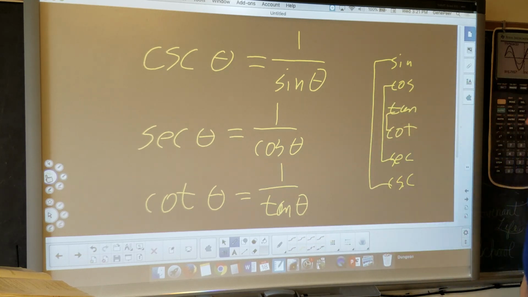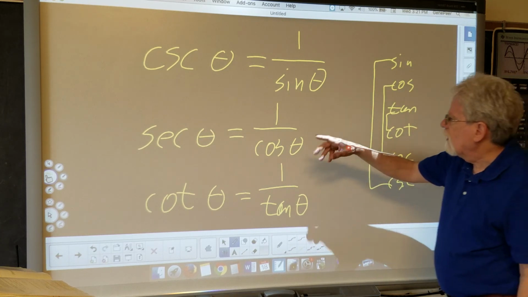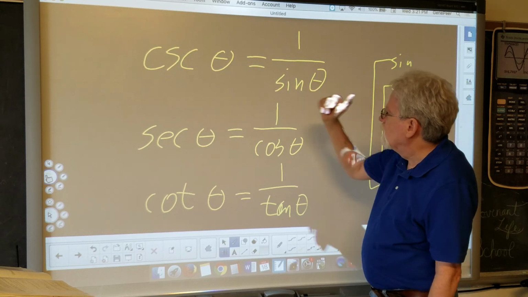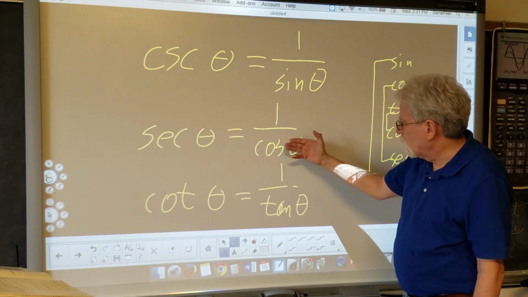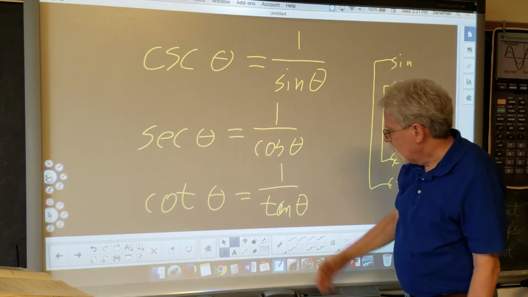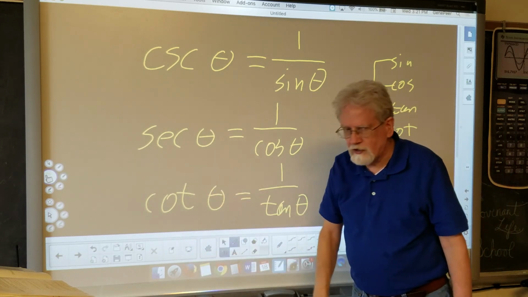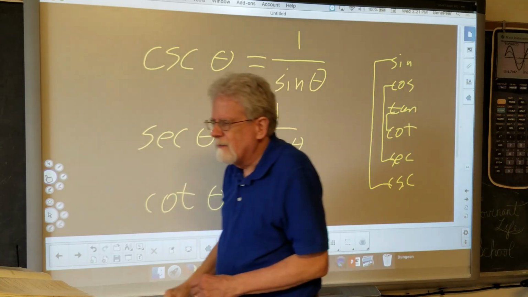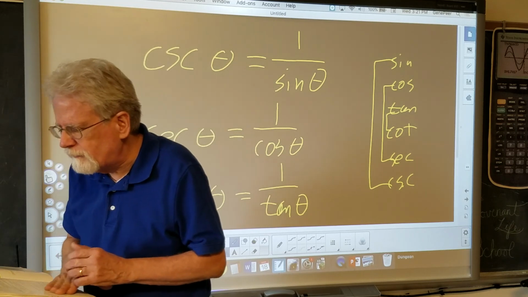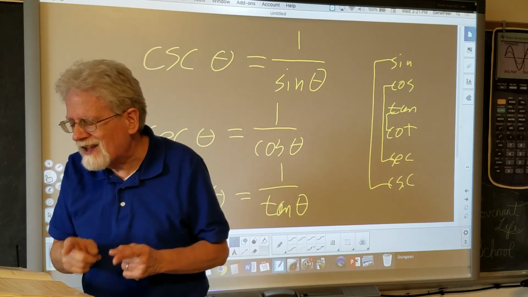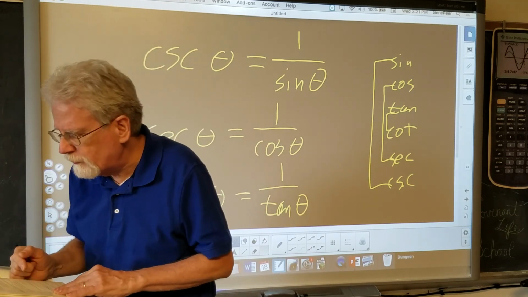We could just as well write these the other way around. I could have said sine of theta equals 1 over cosecant, or cosine equals 1 over secant, or tangent equals 1 over cotangent, same thing. So those are your first official trigonometric identities listed at the top of page 378.